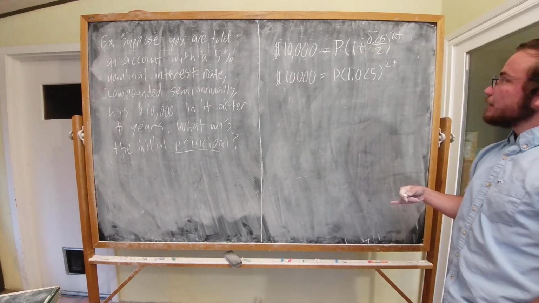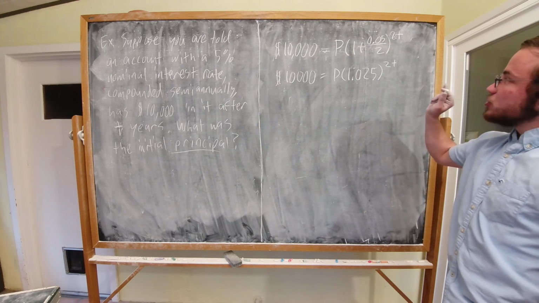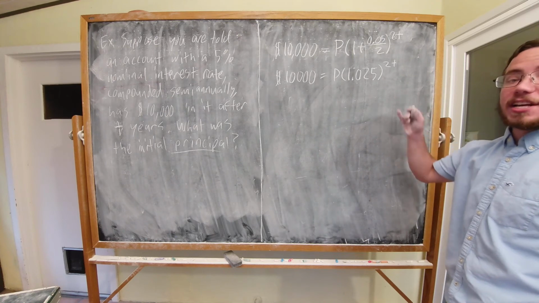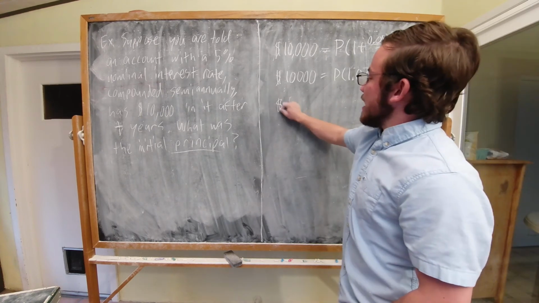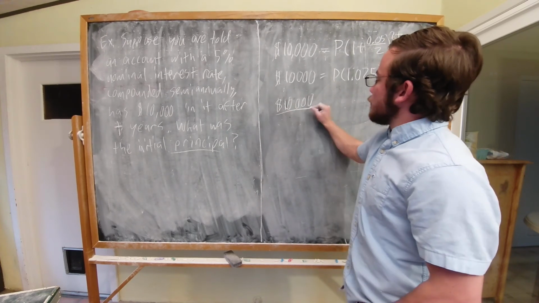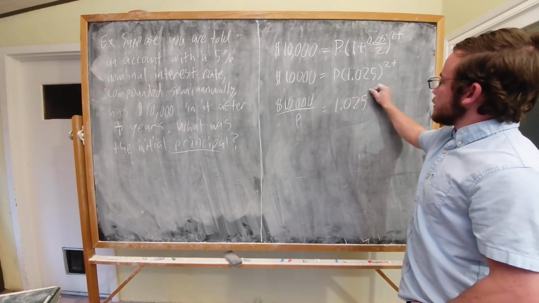Well, if I just divide both sides by P, we get that $10,000 over P is equal to 1.025 to the 2t.